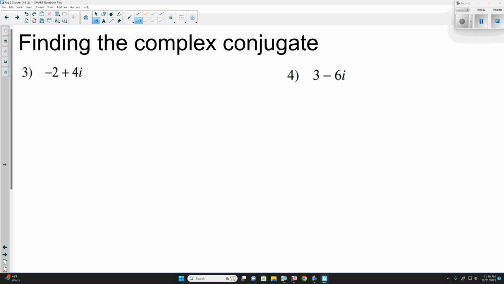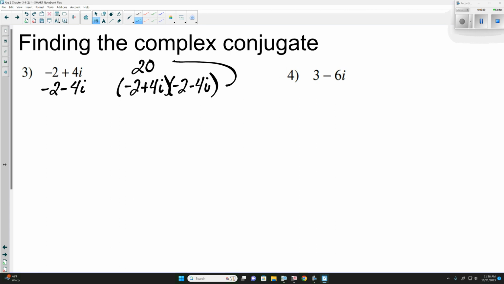So this one here is negative 2 plus 4i. What's its complex conjugate? Right, so the product would be negative 2 minus 4i, which would indeed give us 20. Now if we look at the complex conjugate of 3 minus 6i, it would be 3 plus 6i.